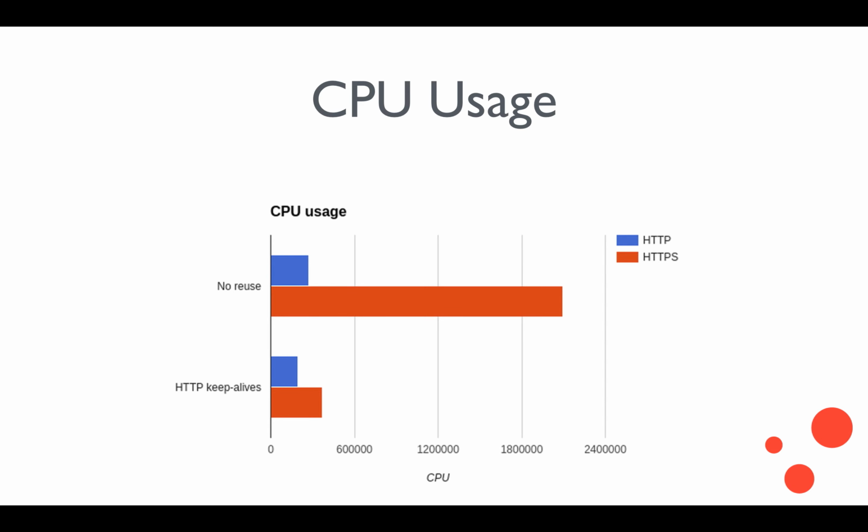The numbers here are in nanoseconds of CPU time spent as a total for the varnishd server over the 10-second runtime of the test. And that is to be expected because of all the complicated math happening as part of this RSA key negotiation.